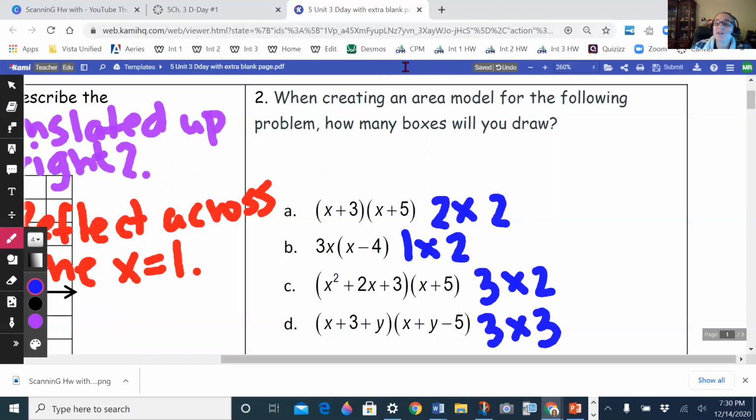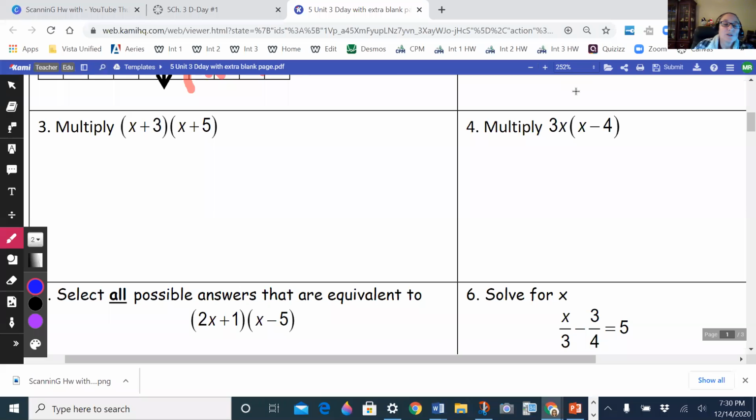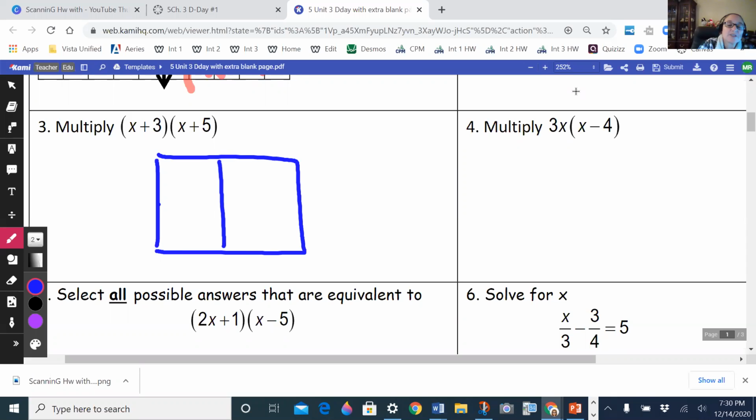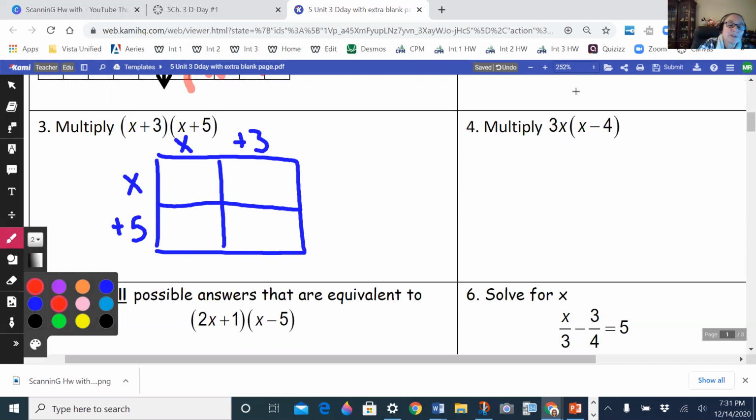And let's look at the next ones. On number 3, we actually are going to do the work. This is going to be a 2 by 2. We're going to have an x plus 3 and an x plus 5, and then we're going to multiply this out.